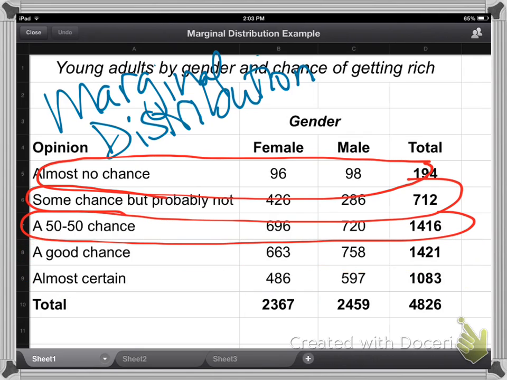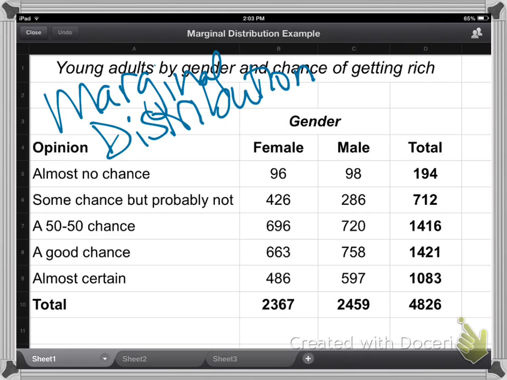Now you might have already thought about this, but looking at just a marginal distribution, though it is helpful to see the counts, it doesn't give you a very useful way to make comparisons both within the distributions for each category, and also if you want to make some observations from one category to another.